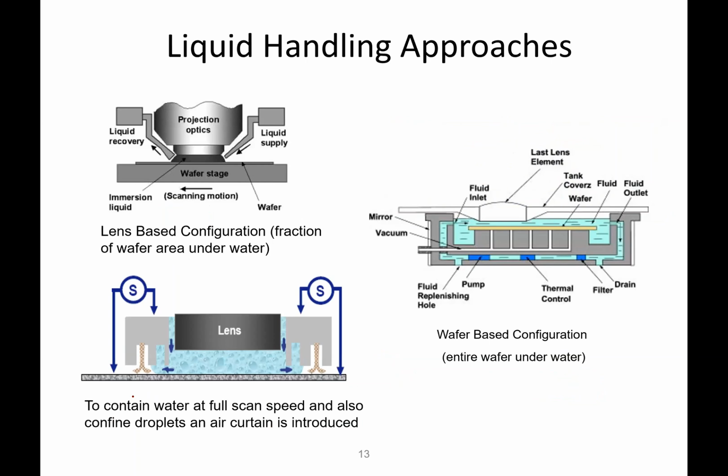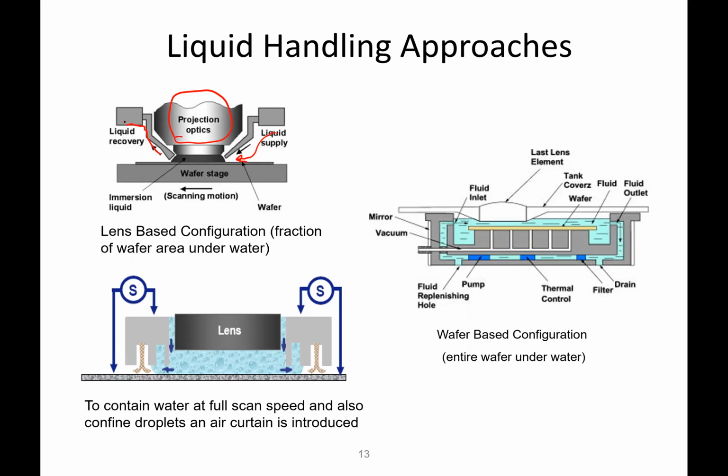But the problem is how we can handle the water underneath the projection optics. We can apply the liquid underneath the optics and then take out the liquid through this, right? Many different approaches were designed, but eventually this system has been developed.